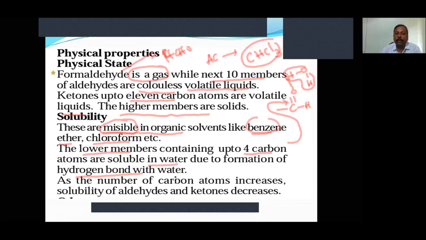Wherever intermolecular hydrogen bonding is possible, it will be soluble. But as the number of carbon atoms increases, the solubility of aldehydes and ketones decreases. Solubility is inversely proportional to mass. Higher the mass, lower the solubility; lower the mass, higher the solubility.